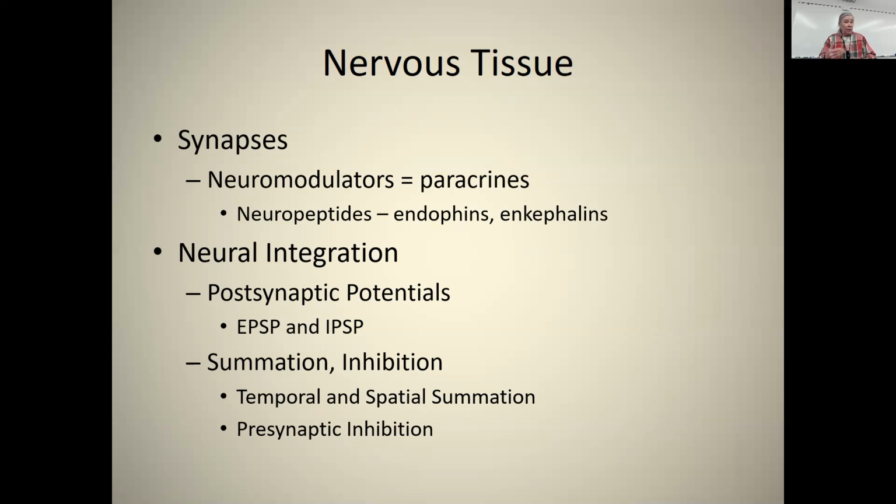And that's due to presynaptic inhibition of certain synapses in your spinal cord that release a neurotransmitter called substance P. I think it's a neuropeptide, and it's the pain neurotransmitter. And so it stops the pain synapses by presynaptic inhibition.